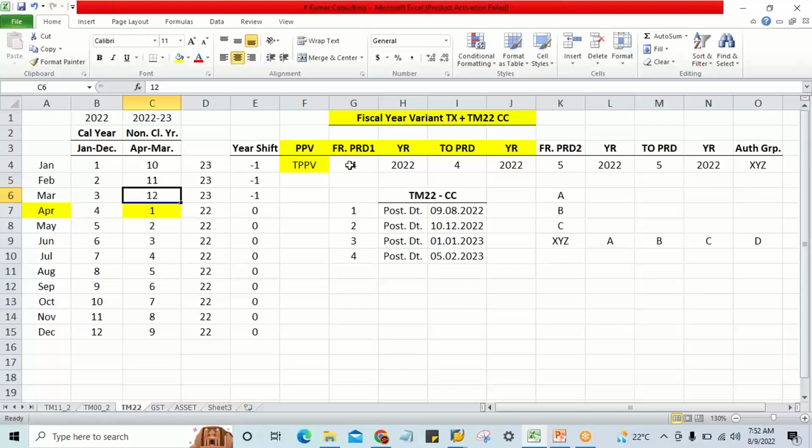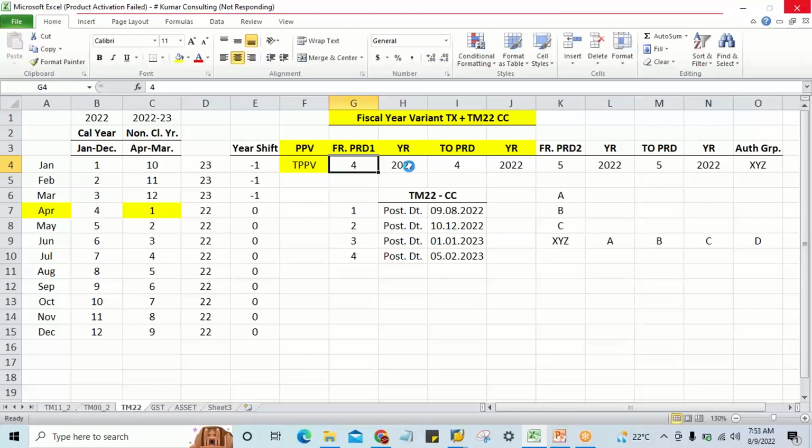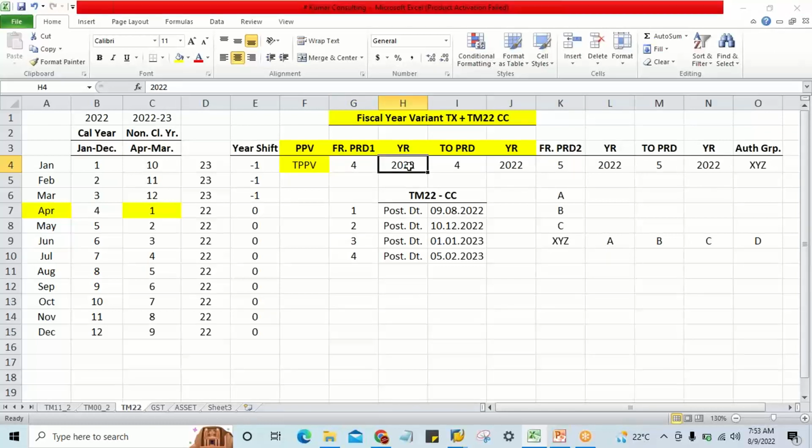But here, if I have to open the posting period for January, which period is supposed to be? Everybody will say 10th period. And which year? Most people are going to be confused. Somebody will say 23, somebody will say 22. If somebody says 23, that is a wrong answer. They are going to be rejected.